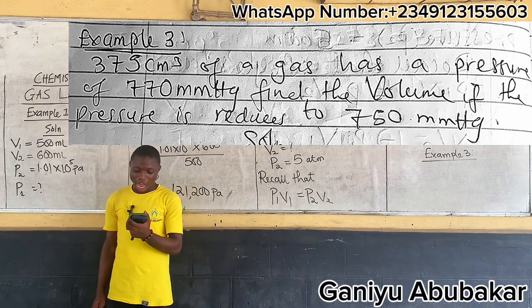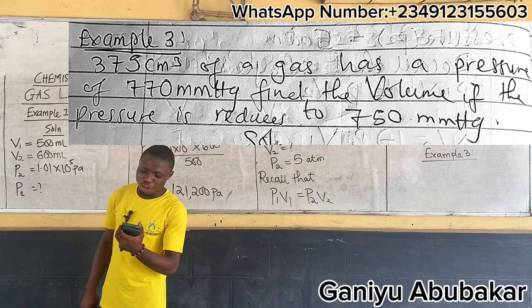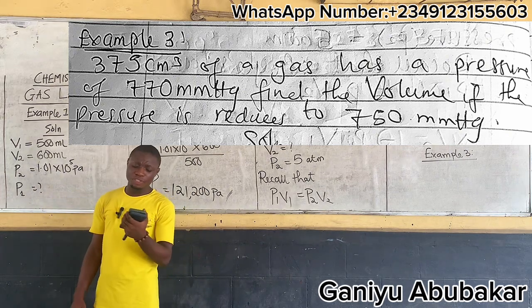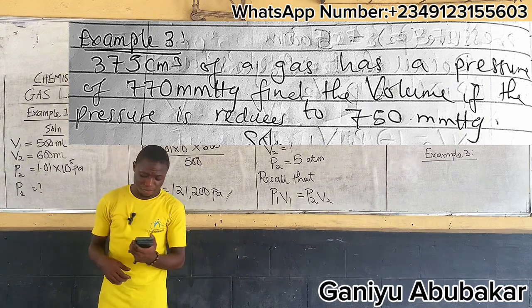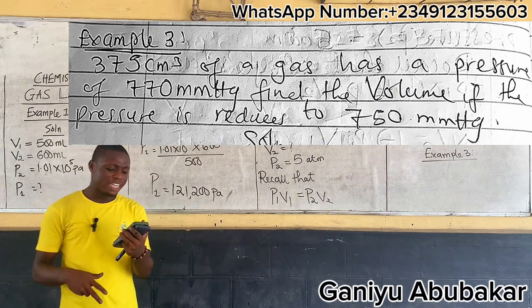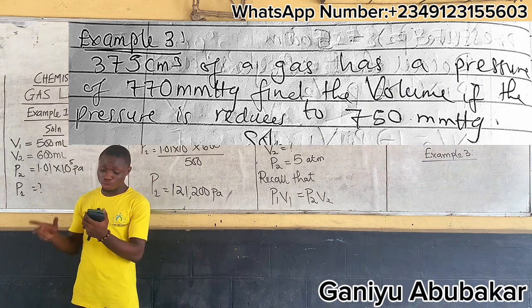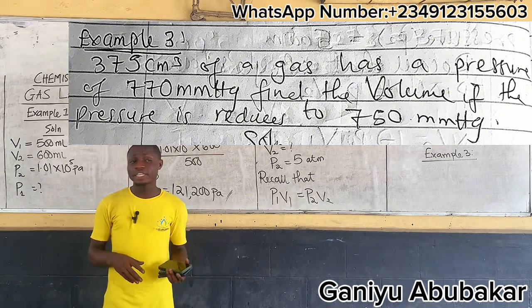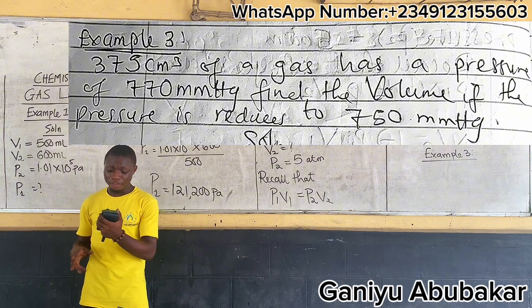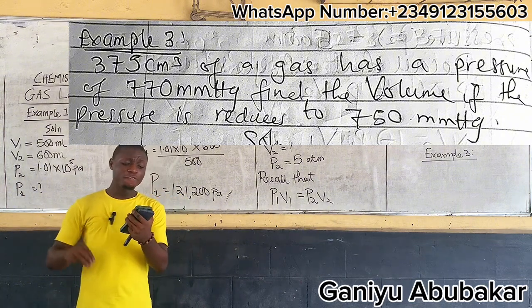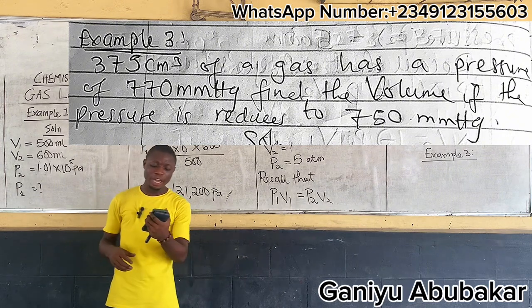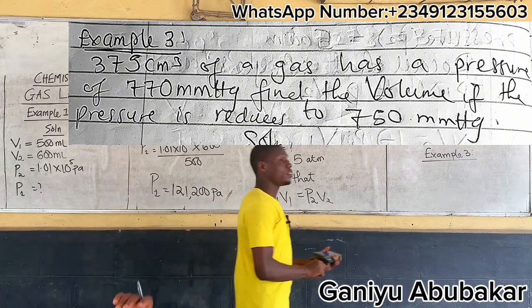Find the volume if the pressure is reduced to 750 millimeter mercury.